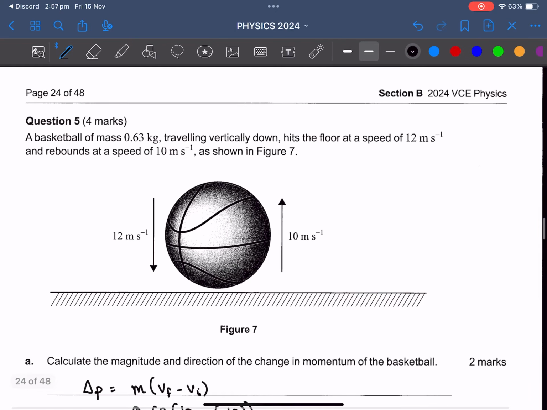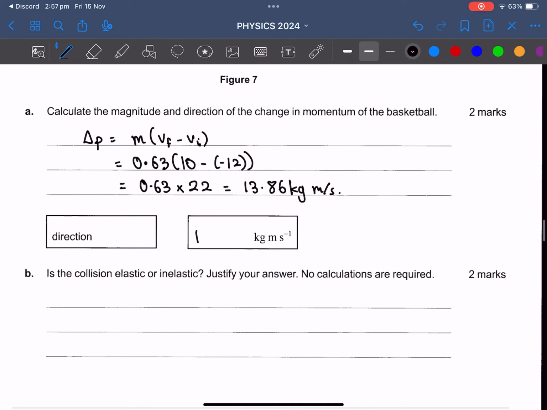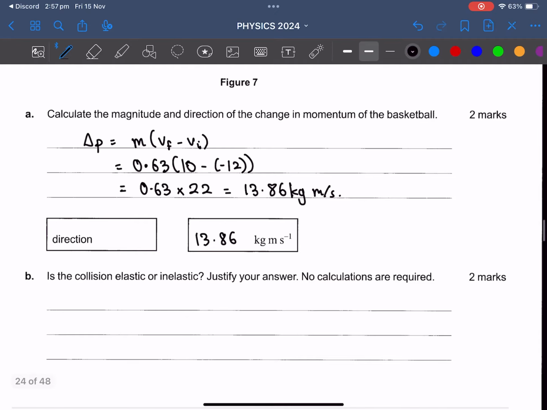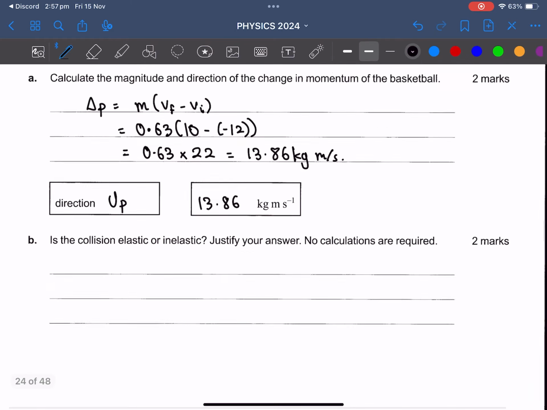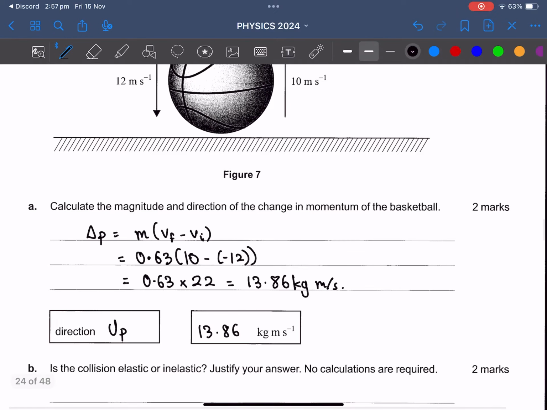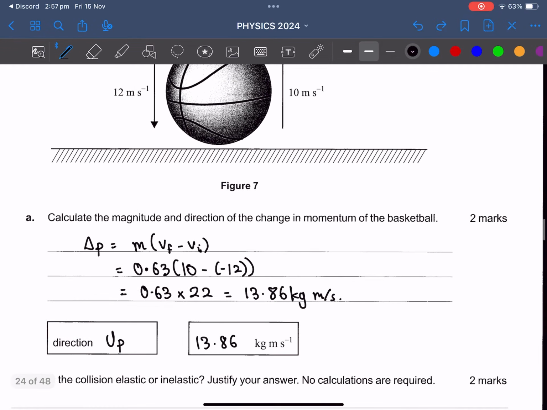Just making sure the unit is all good. Yep. So our answer would be 13.86 kilogram meters per second, and the direction is going to be up, because after rebounding it's going to go up. Moreover, because the answer is positive, we know it's definitely going up, because we have defined up as positive.